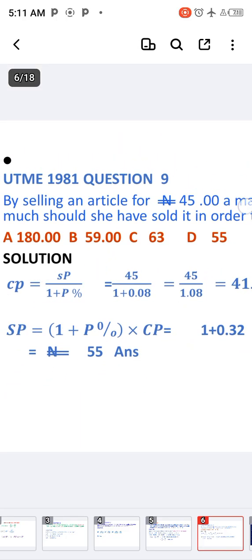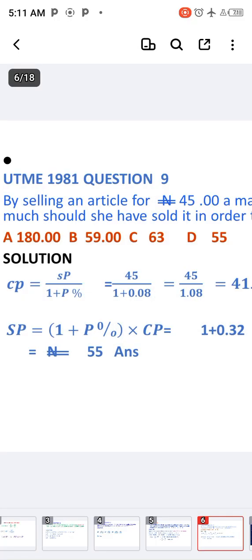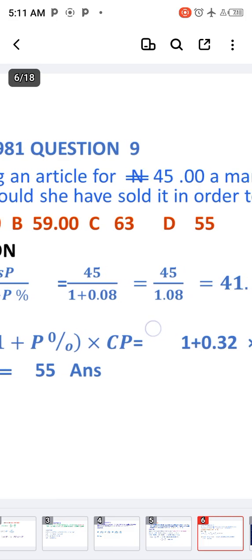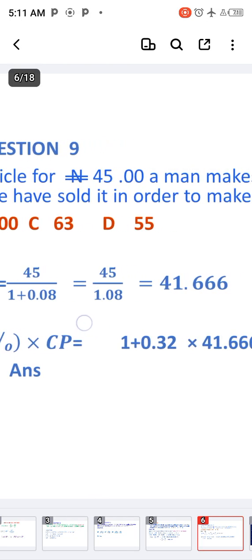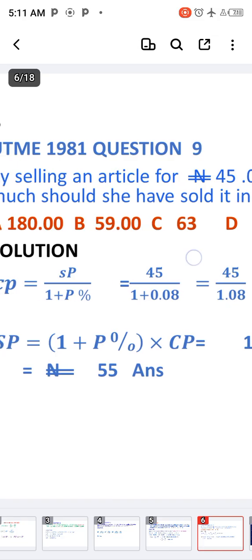Because the question is talking about profits. That is to say 45 over 1 plus 8%. 8% is the same thing as 0.08. That is 45 over 1.08. And that will give us 41.666. That means 41.666 is the cost price of the article.